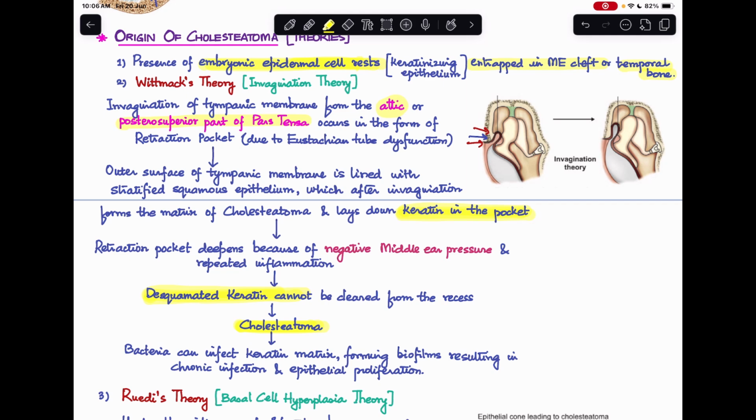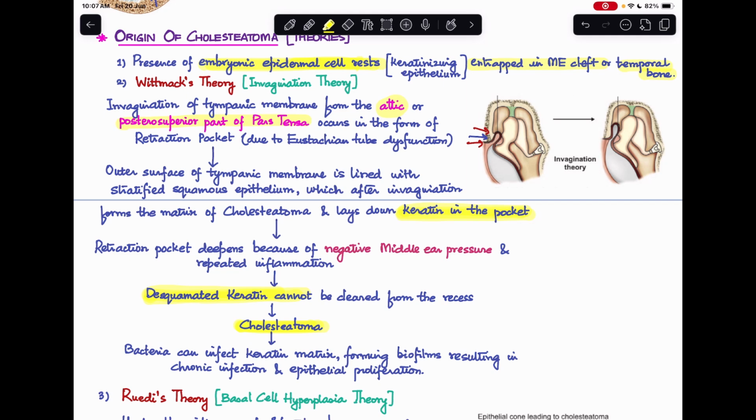So, this is basically Wittmack's invagination theory, which starts from eustachian tube dysfunction, which leads to negative middle ear pressure, which leads to the formation of a retraction pocket either in the attic or in the posterior superior part of pars tensa.